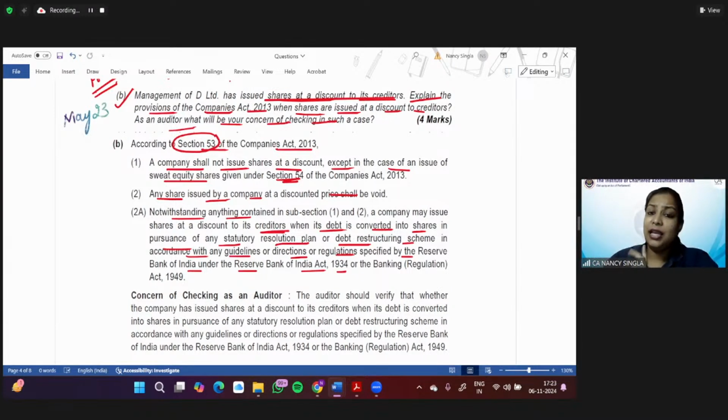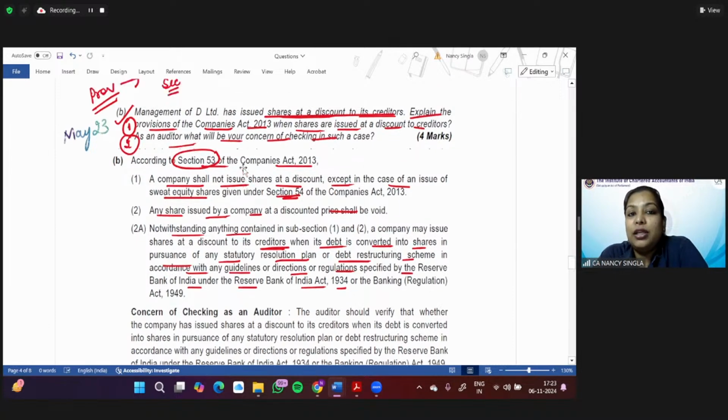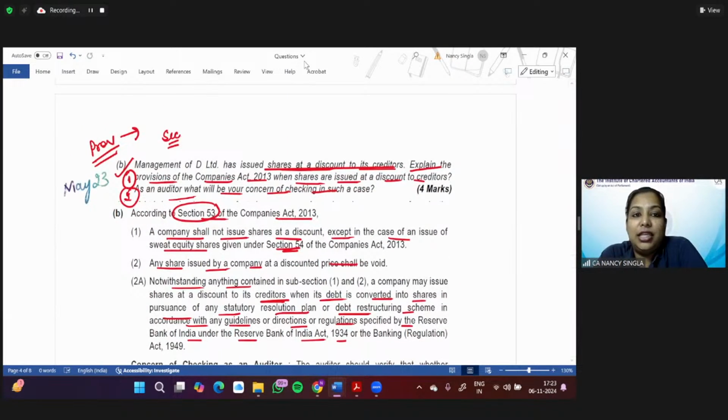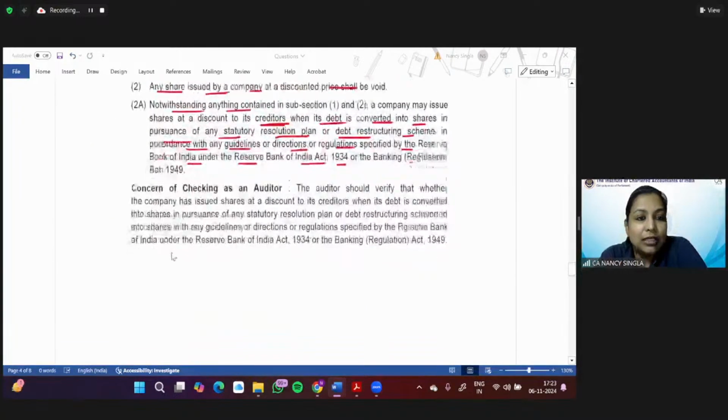See, again here two things have been asked for. All of you have given me an answer with respect to one aspect. But two things are asked in this question. Explain the provisions of the Companies Act 2013 when shares are issued at a discount. And the second part is, as an auditor, what will be your concern of checking in such a case? So this is the second part which you need to answer. Let us see how to answer.